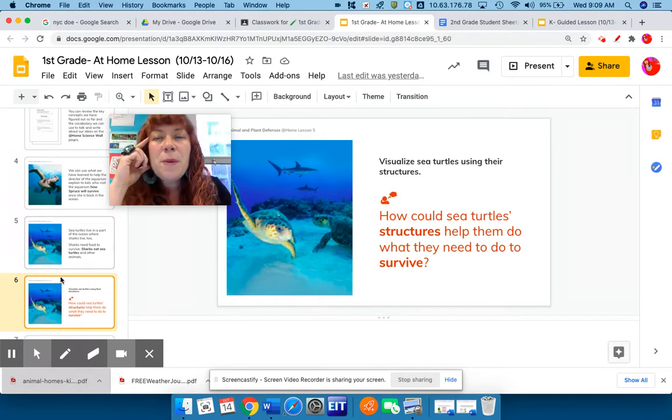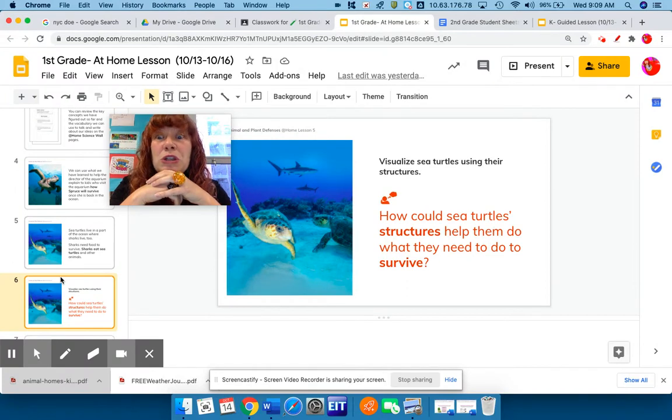But I want you to picture all the ways that sea turtles can survive and use their structures. So close your eyes. Think about a sea turtle eating. Think about a sea turtle getting water. Think about a sea turtle getting air. And think about what she might do to use her structures to not get eaten.